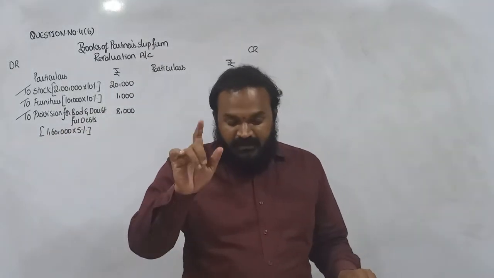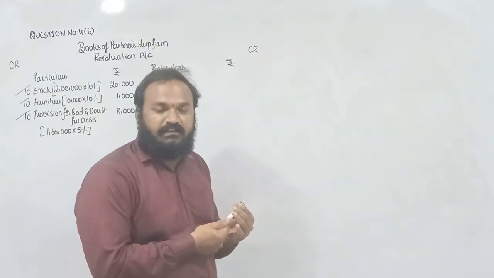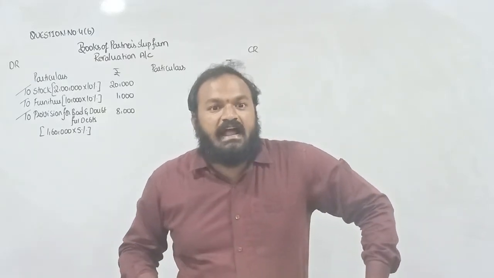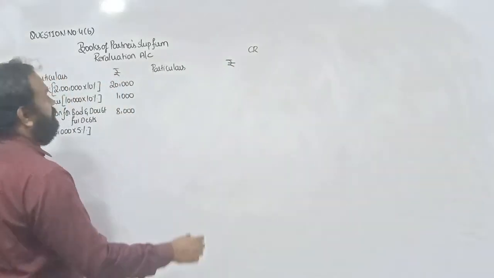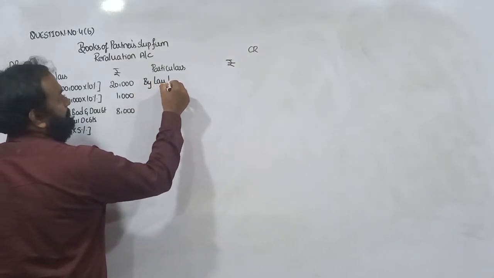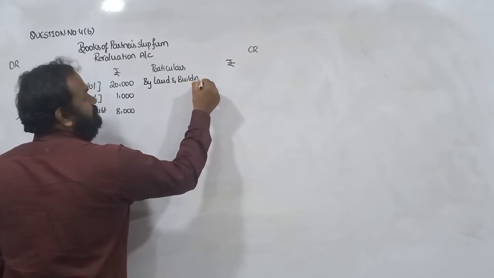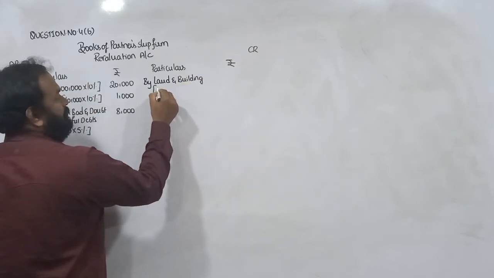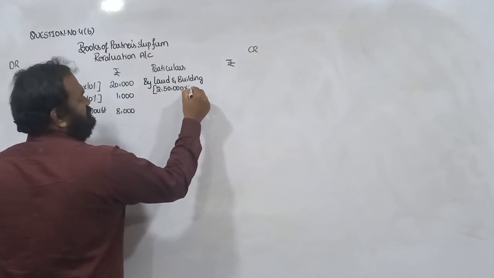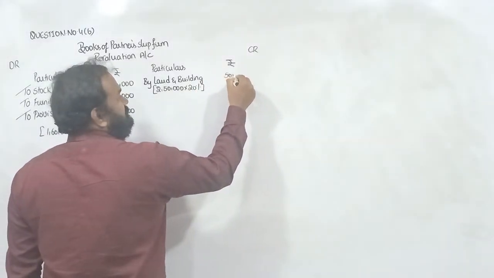And land and building appreciated by 20%. What is the value of land and building? 2,50,000 into 20%, 50,000. What is the journal entry? Land and building account debit to revaluation account. By land and building, 2,50,000 into 20%.